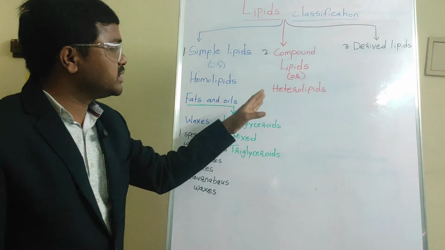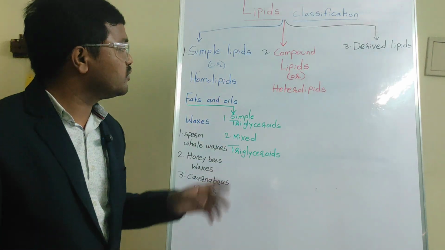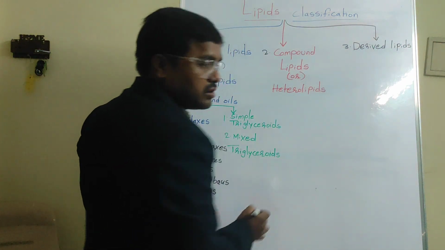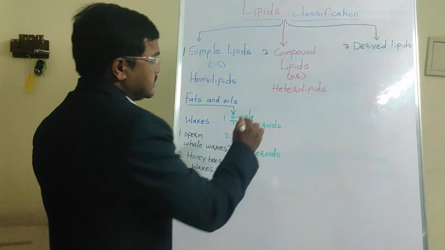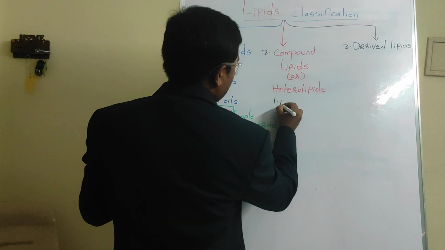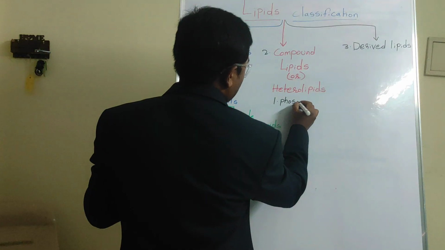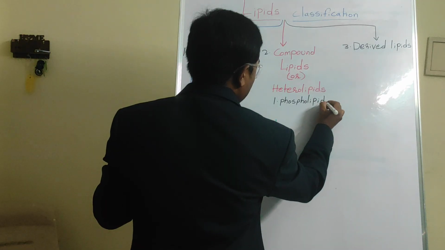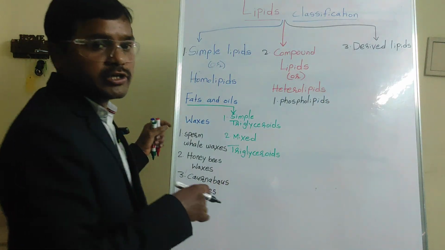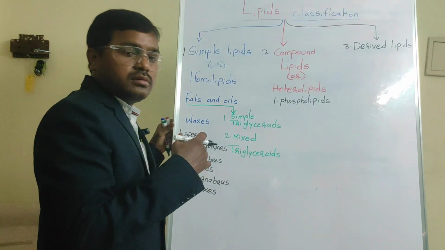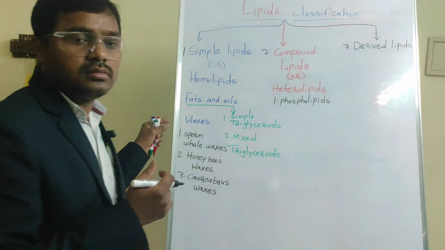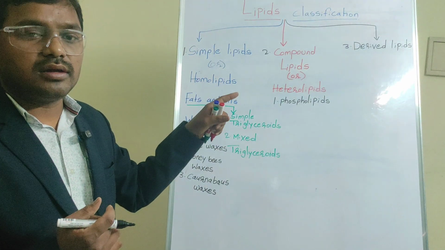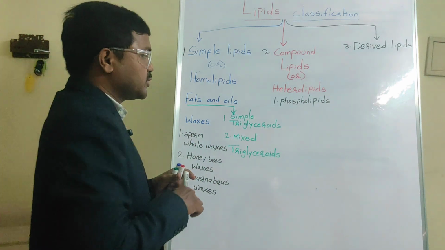Again, the compound lipids or heterolipids are classified into three types. One is phospholipids.